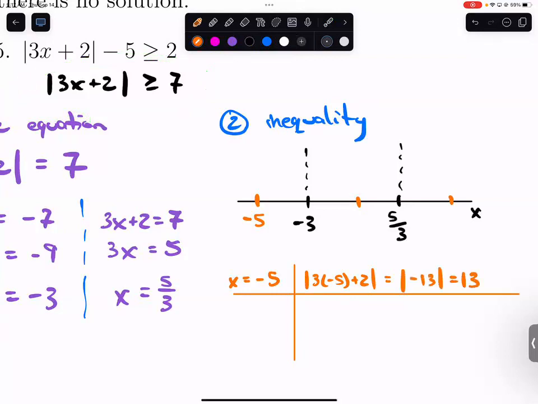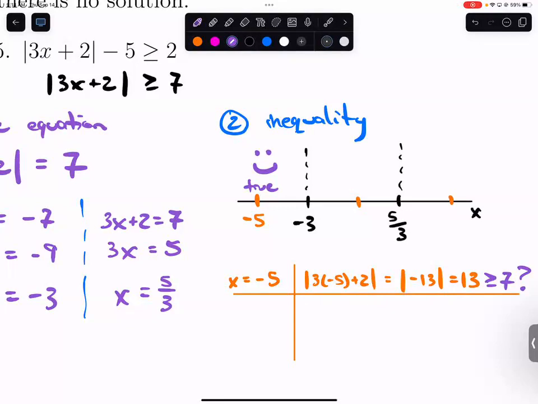So 13. Is 13 greater than or equal to 7? Yeah. So that inequality is true then. So that interval where that inequality is true is going to be part of our solution set, right? It works there. It's going to be part of the solution.